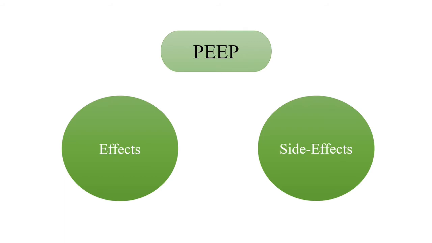So you should evaluate the PEEP according to the effects of the PEEP that we discussed a few minutes ago, and the side effects of the PEEP, which are represented by a decrease in the venous return and its hemodynamic compromise, and occasionally, as we said, overdistension of the alveoli, and this might result in pulmonary hypertension also.